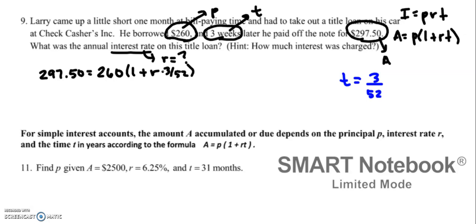You might be tempted to distribute the 260, but it would be easier if you just divide it off here. So that leaves me on the right 1 plus 3 over 52 times R. And then on the left, 297.5 divided by 260 is 1.144. And then subtract 1 from both sides.